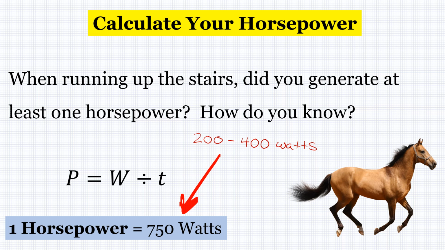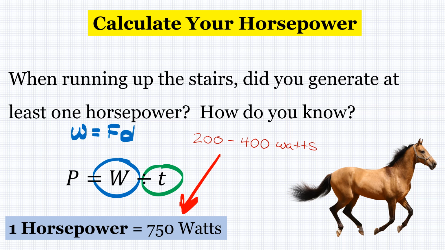So what could we do to increase our power to get it up to a horsepower? Well, the answer is right here. We can't really control our mass, but the faster we go, the more power we end up generating. Now you could, if you wanted to, change your work a little bit, because remember, work is force over distance.